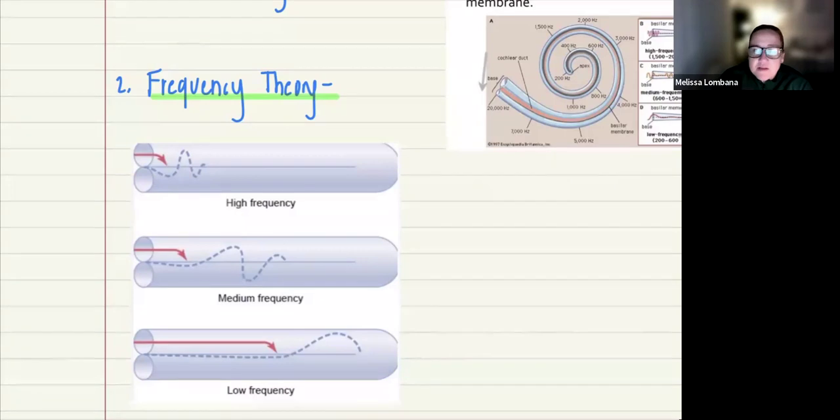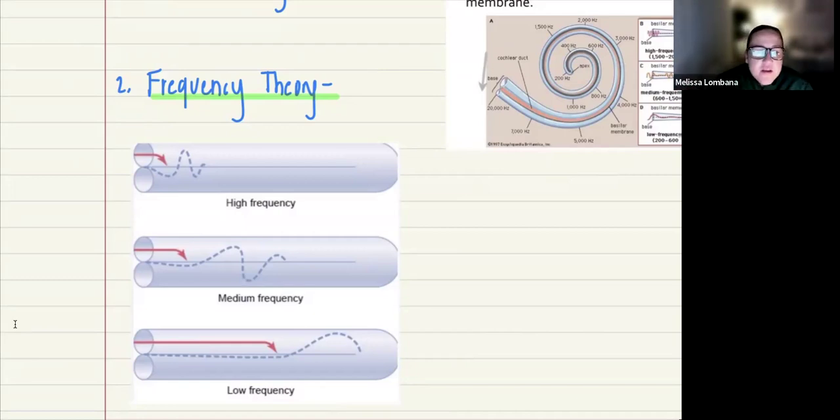The problem with this is that neurons cannot fire faster than, let's say, 1,000 times per second, but we can still hear high pitch sounds, okay? So wait, sorry, like low pitches.